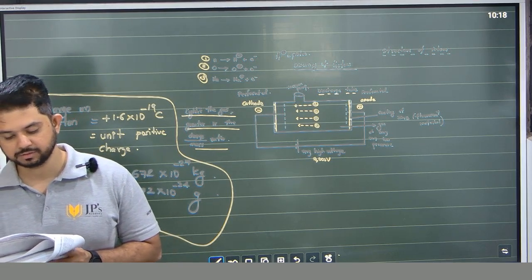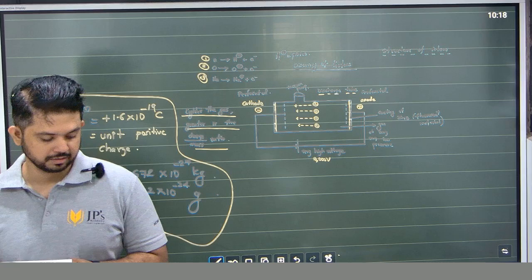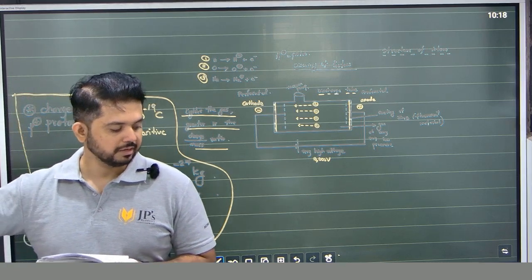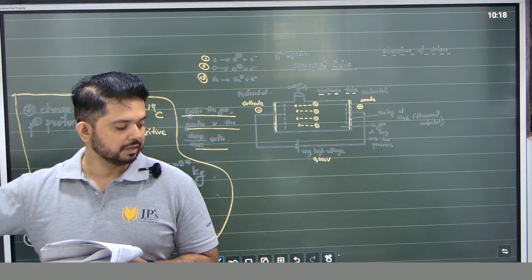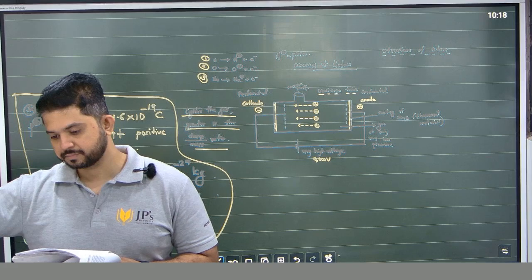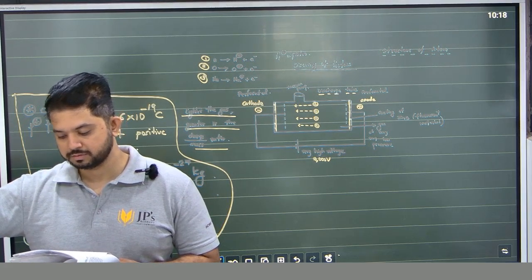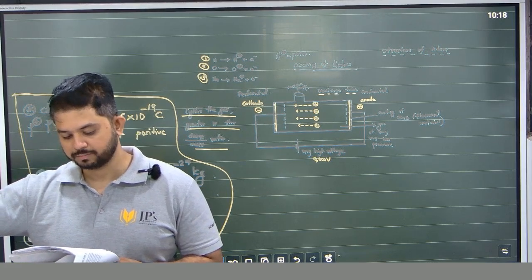Next point. The lightest positive ion obtained was called proton.